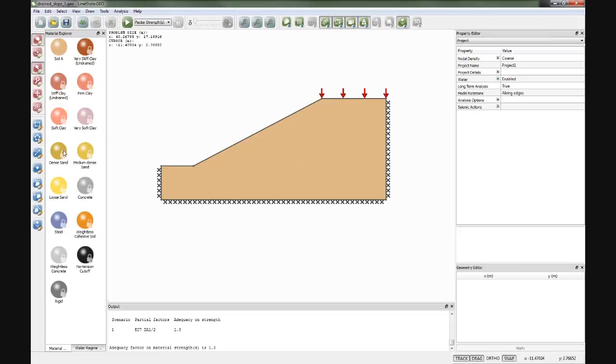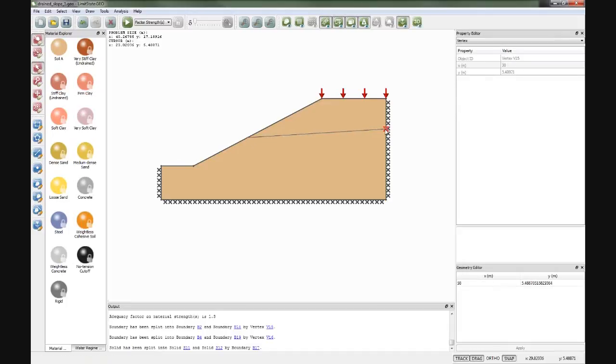Now, sometimes you have an issue where you want to model a layered soil or a layered slope, so I can draw a line, for example, across the slope, and perhaps I've got a stratum below which is a different material. Now, you can define your own material properties, or there's some built-in ones here just for very quick trial and error analysis.